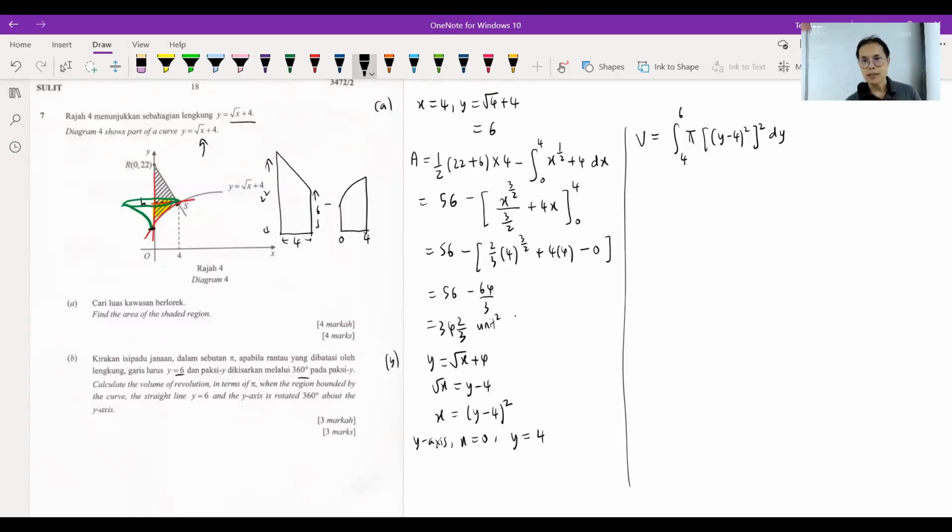Right? Now, let us take out the pi. And before we integrate, let us square this first. y minus 4 power 2 squared becomes power 4 dy. When we integrate, yeah, when we kamirkan, we increase the power by 1. This is 5. Divide by 5. Differentiate, bezakan, inside the bracket. I hope you remember the formula.